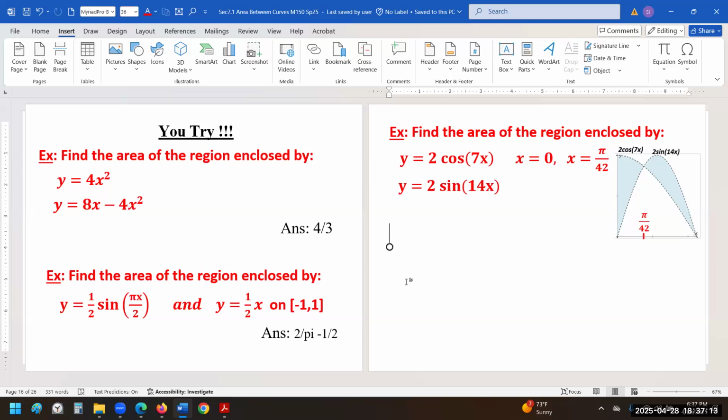Yes, you have to find both functions, both areas. So one of them is 1/7, right? 1/15.